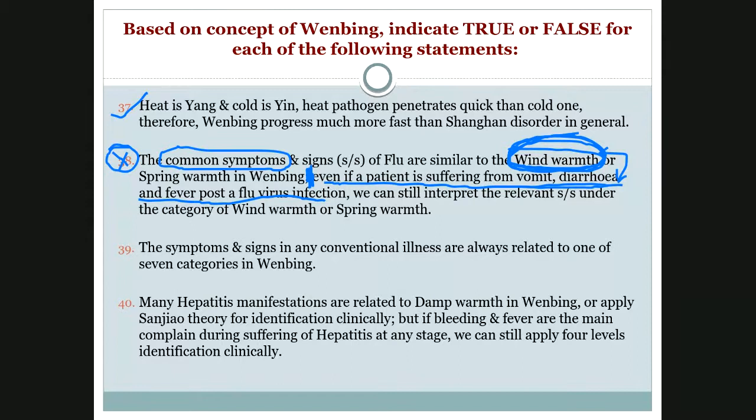So TCM differential diagnosis is based on symptoms and signs. There's a question: are you saying COVID-19 is not a good focus for the assignment? It's excellent. Any kind of medical condition can be used for the assignment. You just need to understand the 7 categories. Today we're going to introduce windworms. Do you need to understand what windworms means?